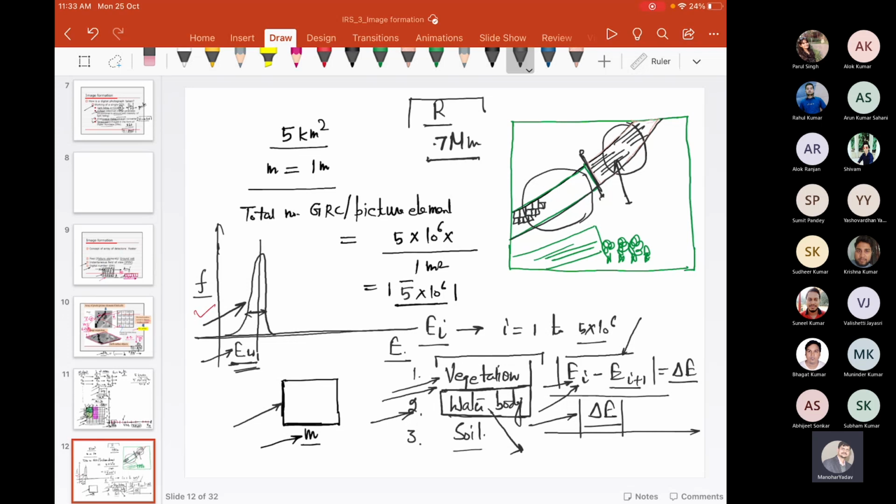What changes can you notice in this plot, and why is it so? In turbid water, reflected energy will be more because of the soil particles present in the water. So this histogram will be more narrow.